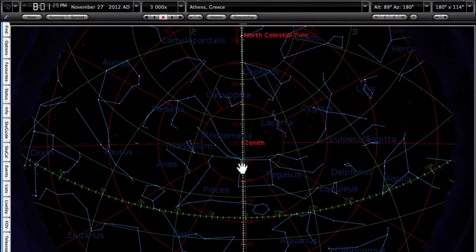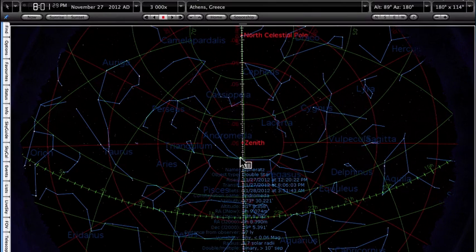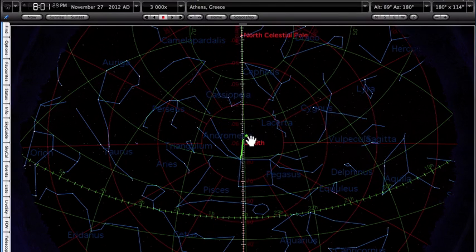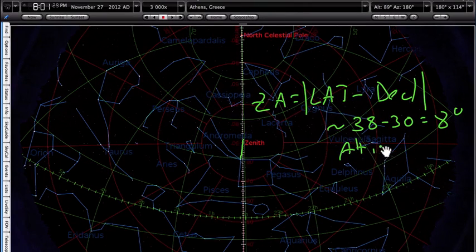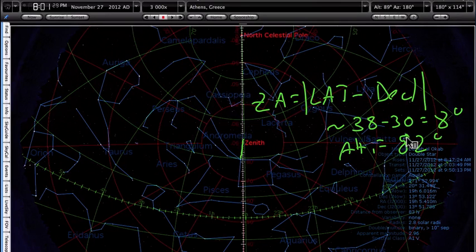This means that the zenith angle of Alpheratz, the distance between Alpheratz and our zenith at its meridian crossing, at the time when Alpheratz is as high in the sky as it gets, is given by our latitude minus its declination, in general the absolute value of this, which in our case is about 38 minus 30, or 8 degrees. So Alpheratz will attain a minimal zenith angle of 8 degrees, or a maximal altitude of 82 degrees above the horizon, quite high.